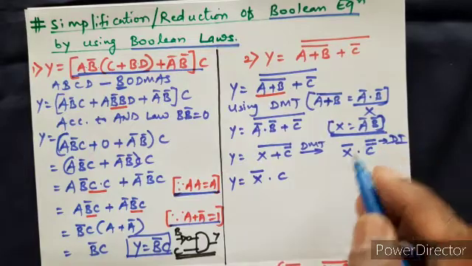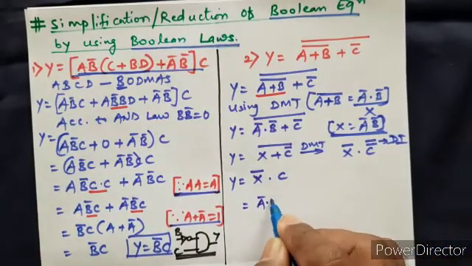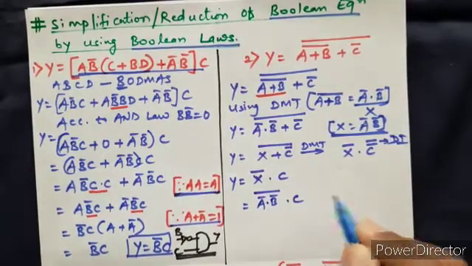Now what is the value of x? x bar is equal to (a bar dot b bar) whole bar, dot c.